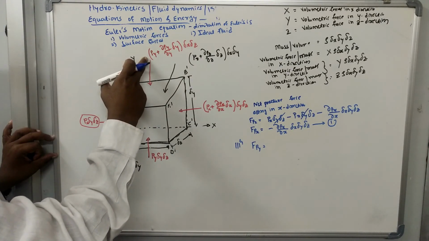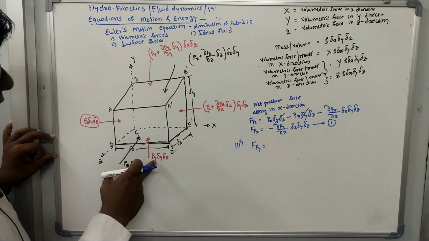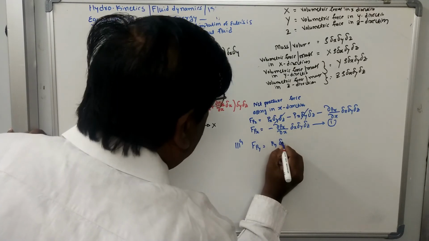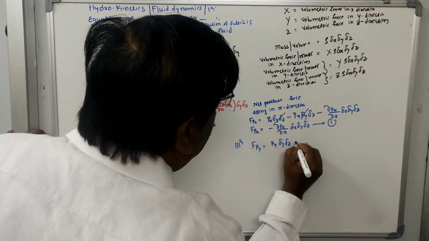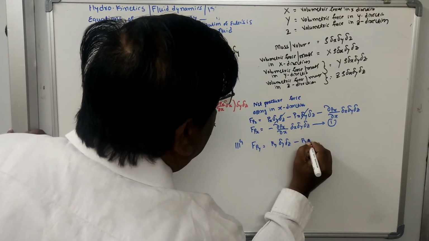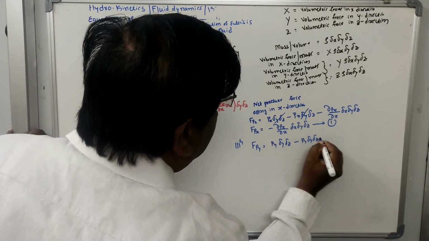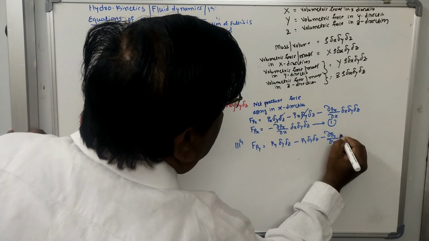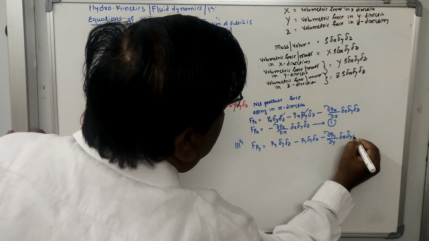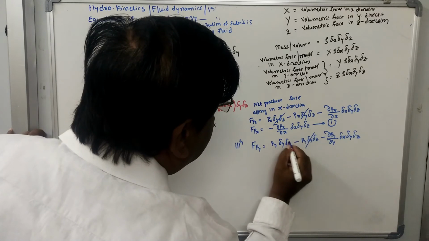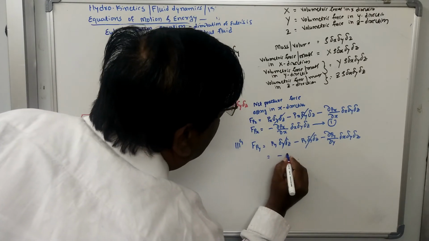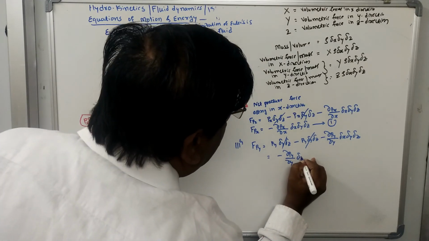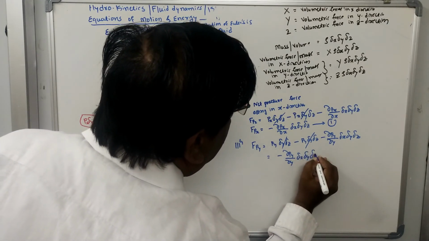That is Py delta y delta z minus Py delta y delta z minus ∂Py by ∂y delta x delta y delta z. So this cancels, and we get minus ∂Py by ∂y delta x delta y delta z.